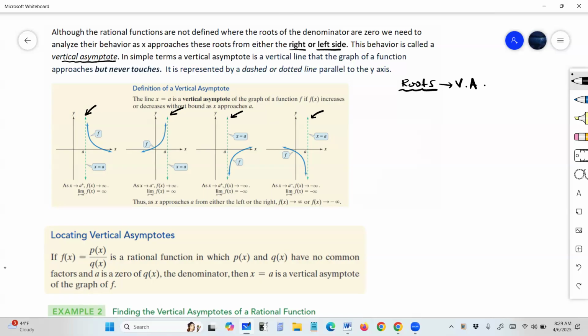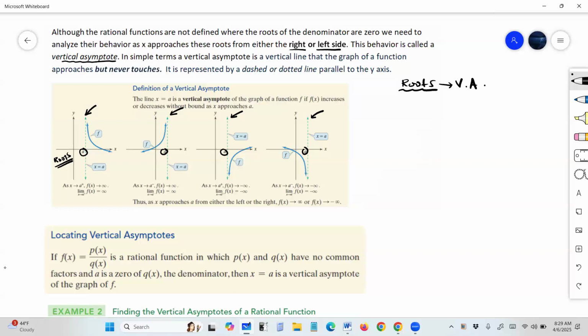When the function approaches the root, the a values that you see here are the roots of the denominator. Okay? When the function approaches the root, either from the left side or from the right side.